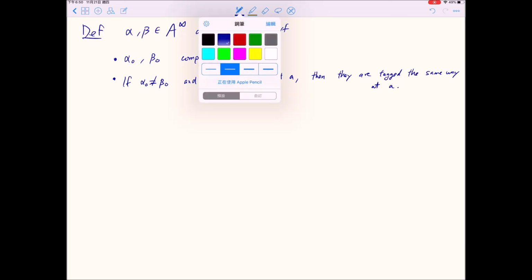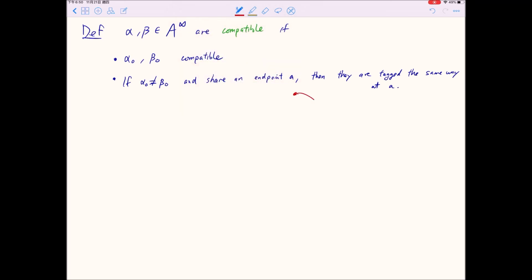Something like this. So if you have two arcs, then they should be tagged the same way at the common endpoint. And if the untagged versions are the same, then they are tagged the same way in at least one endpoint.